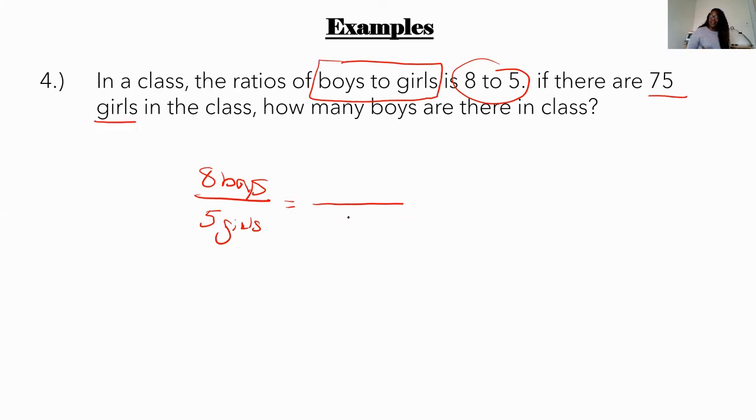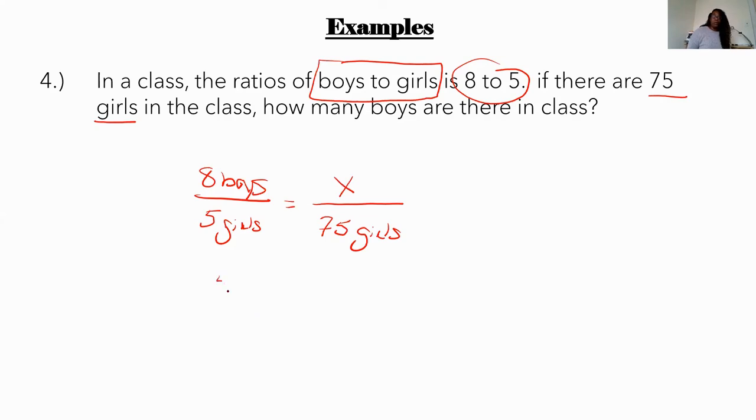So where's that 75 going? In the denominator. So we got 75 girls because it's got to match up. If we put the girls in the denominator, the girls stay in the denominator. If we put the boys in the denominator, the boys stay in the denominator. But in this case, the boys are in the numerator. All right. So we want to know how many boys there are in the class.